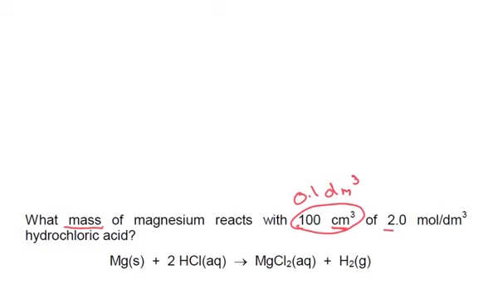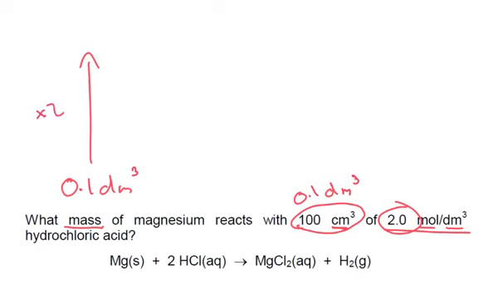We've got our concentration here, and it is in moles per decimeter cubed. So we've got our volume, which is 0.1 decimeters cubed, and then by multiplying by the concentration, which is 2, we're going to find out the number of moles. So we've got 0.2 moles of hydrochloric acid.